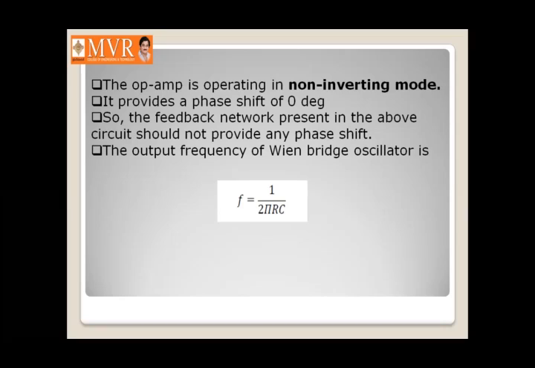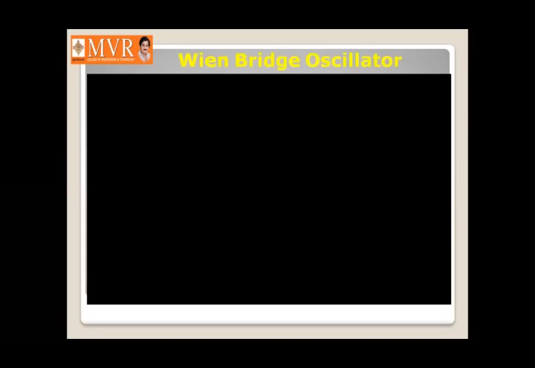How this is obtained, we are going to observe in the next slide, where the video presentation will be there. So observe that slide, and we are going to see how the op amp is going to generate a sinusoidal signal using the Wien bridge circuit. Now we are going to play this video.